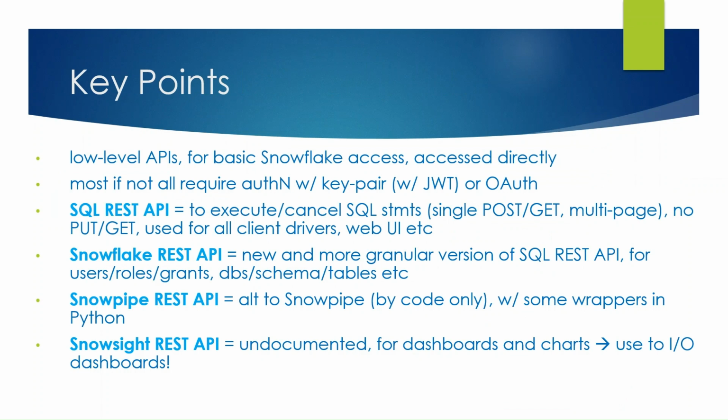Most of the other high level APIs, libraries, and even the command line interfaces, the Snowflake command line interfaces, are actually using this REST API, specifically the SQL REST API. And I just presented you here briefly four different REST APIs exposed by Snowflake.